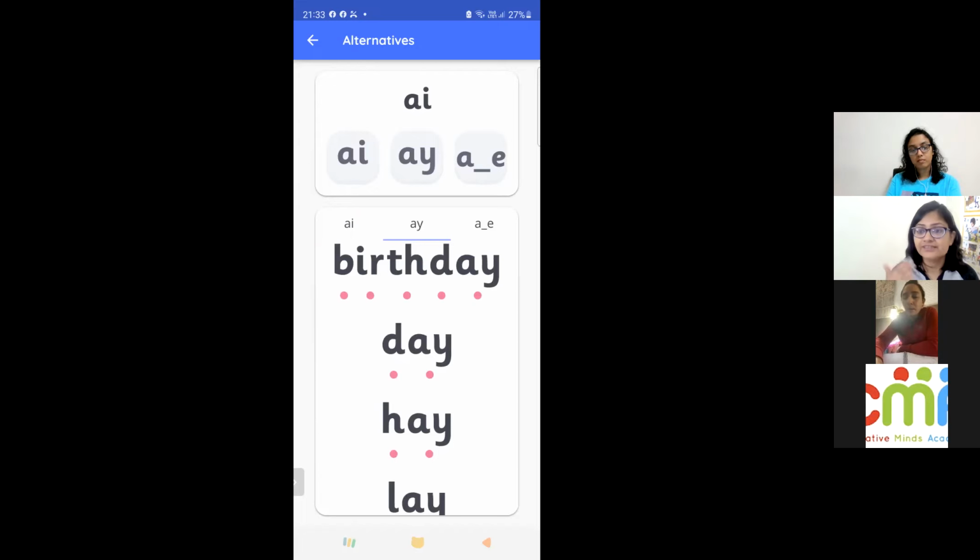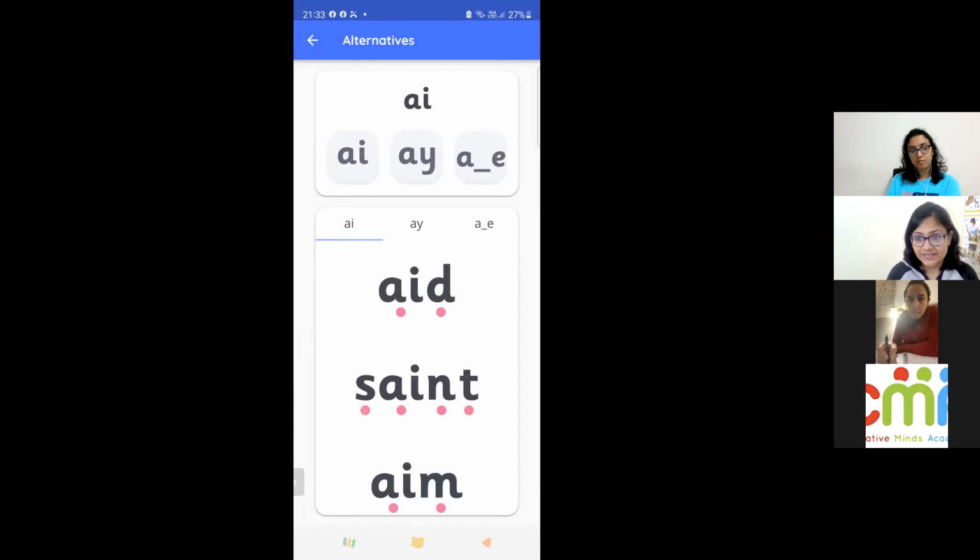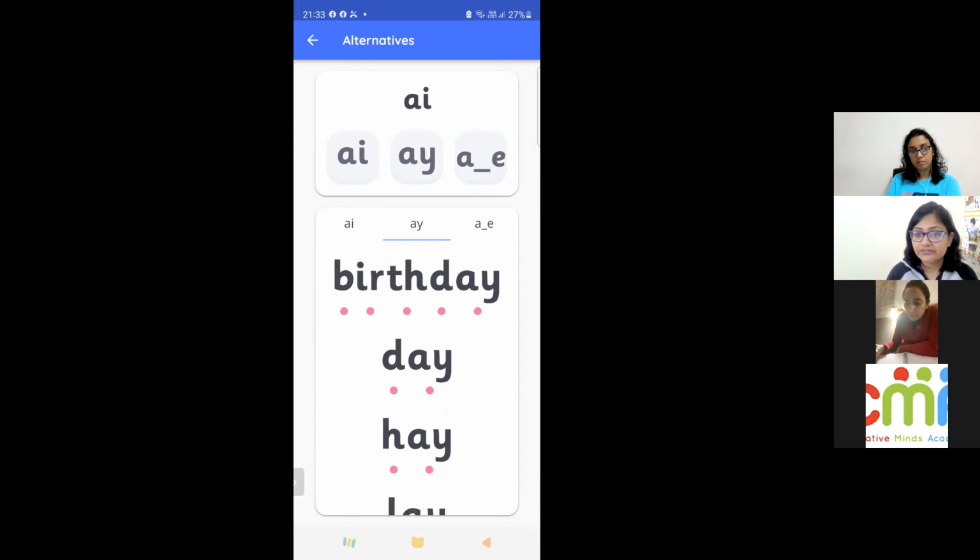Now the children are in level 2. So they know that the same sound can come from different spellings. They have already learned that AI will give A sound because when two vowels go walking, the first one does the talking, and then AY, where they will learn that Y will come at the end because I is shy to stand at the end.